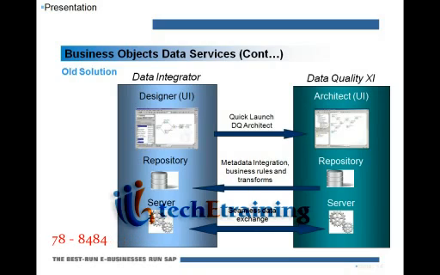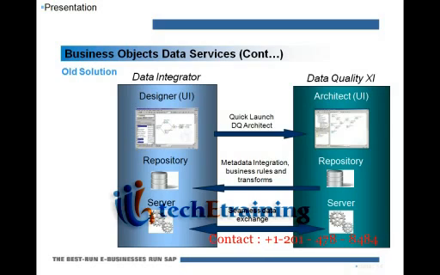Through that interface, you can access both Data Integrator and Data Quality. That is the biggest change that happened after Business Objects was acquired by SAP. The name was changed from Data Integrator to Data Services, which had Data Integrator and Data Quality as components within the tool.